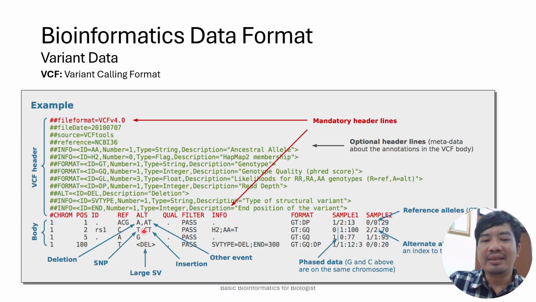The first allele is A, the second allele is AT, something like that. That is a very efficient way to store the variation in the genome population-wide. Okay, this is the VCF.